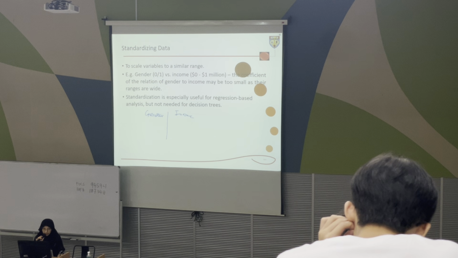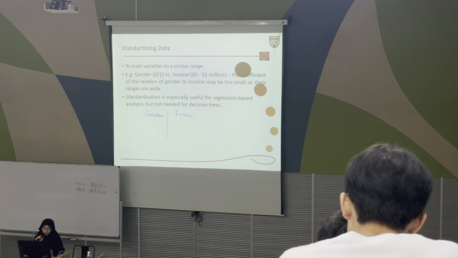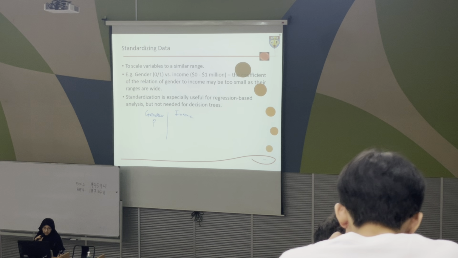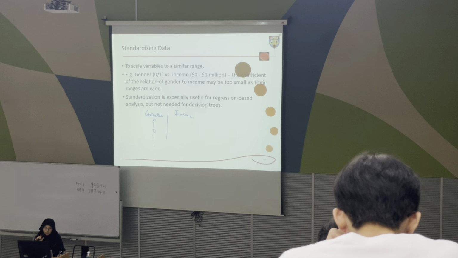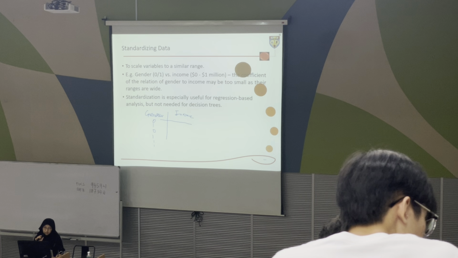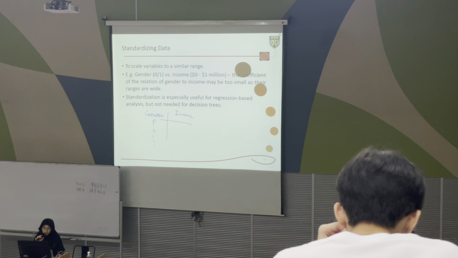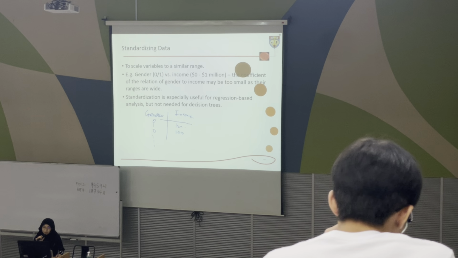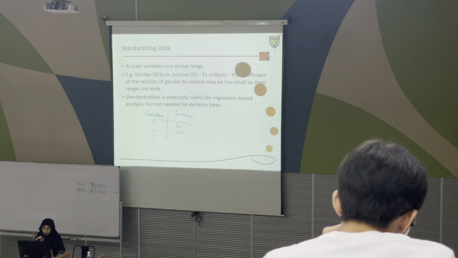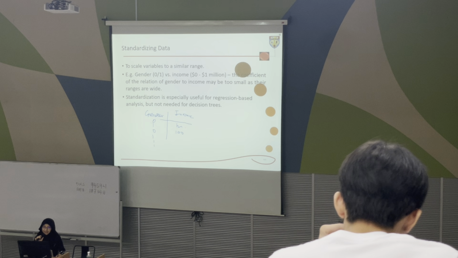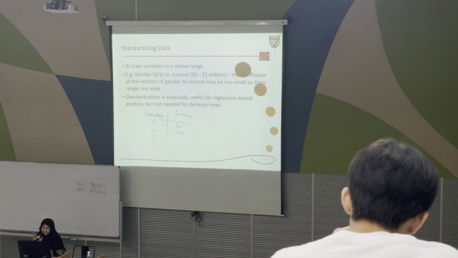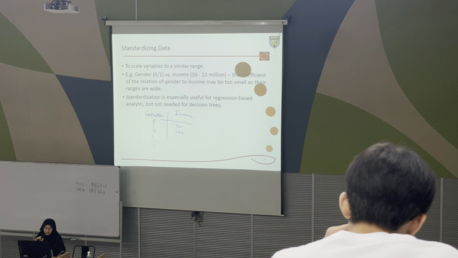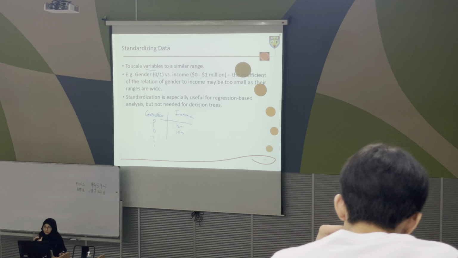The gender is normally female and male, or 0 and 1, but the income range may be 1 million, 100,000 and so on. The range between gender and income is different. So in order to standardize, you can scale these values.